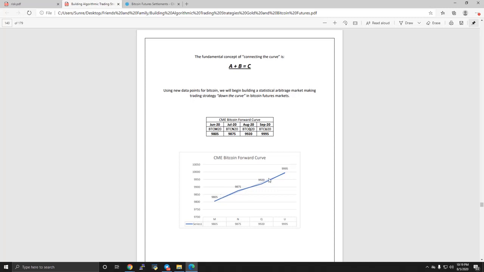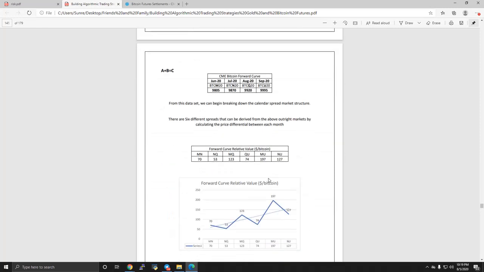And to further build on our strategy here, A plus B equals C is applied to the calendar spread curve, which is the forward curve relative value, or the calendar spread forward curve. And we've plotted those calendar spreads: MN, NQ, MQ, QU, MU, NU.